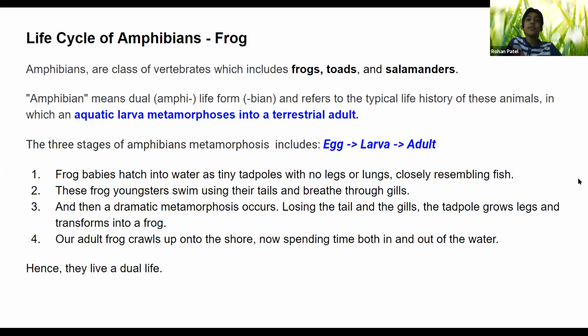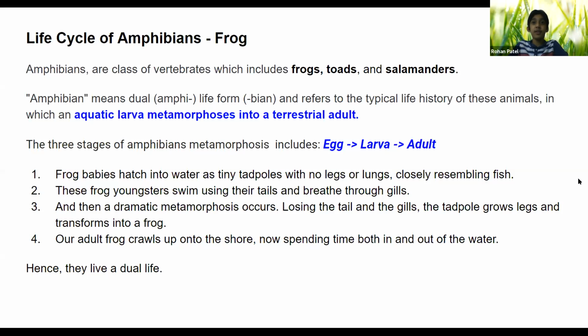So this means that amphibians will lay their eggs and the larva, which is the second stage, will be aquatic, which means it stays underwater and eventually becomes terrestrial and can go on land.